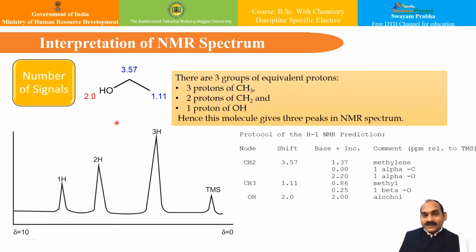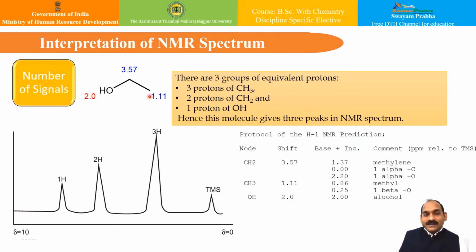You can see over here. A group of equivalent protons absorbs at the same frequency, and therefore each group of protons in a particular environment will give a single peak. Hence, in this case, the number of peaks obtained is equal to the number of groups of equivalent protons.